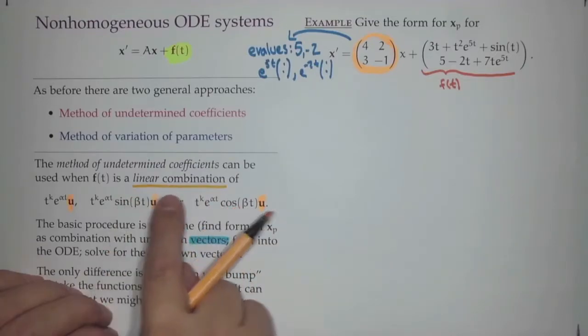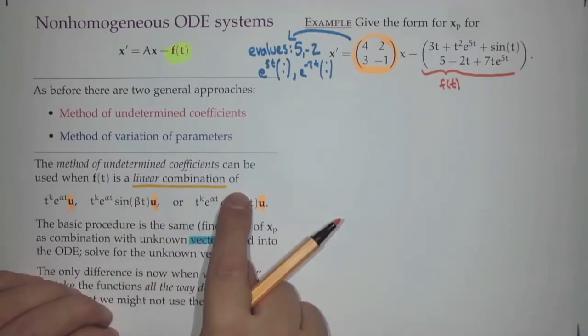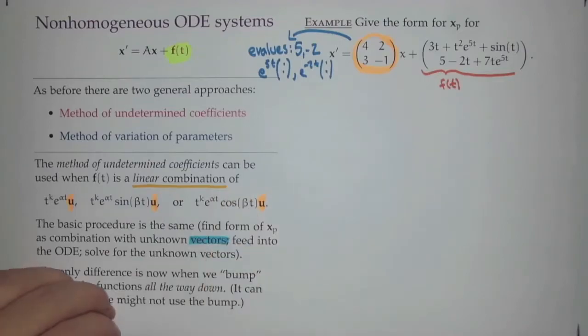Linear combination means what? Like we can add. Just because it's not written in the way I want, maybe I can rewrite it. And linear combination says, let's pull things apart.